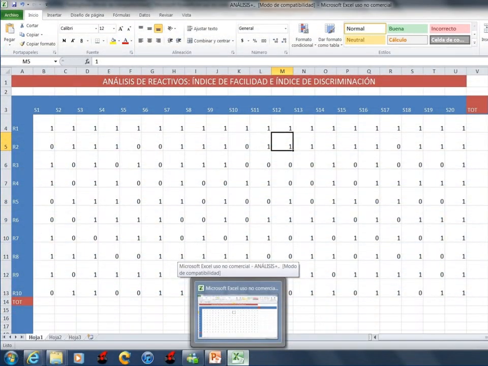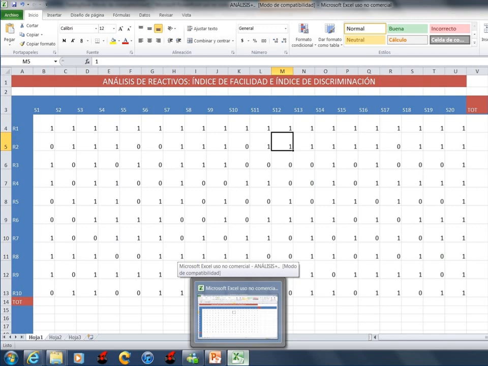Now this is one example of how we enter the data in Excel for objective item analysis. As you can see, we have first of all a row with all of the students, student 1, student 2, student 3, student 4, and so on. And then we have the number of items, item number 1, item number 2, 3, 4, and so on. Now what do we enter here?